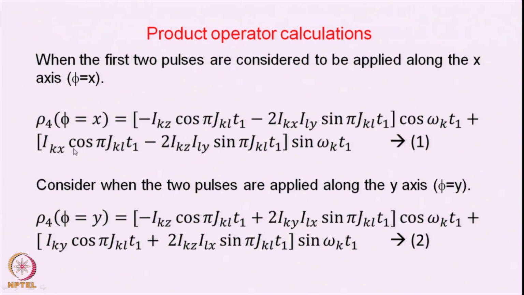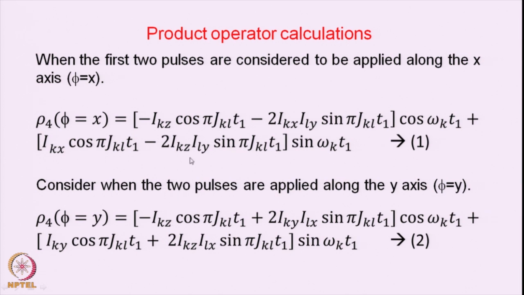And we said this iKx term leads to the diagonal peak, and this 2 iKz iLy is the y magnetization of the L spin, and this leads to the cross peak. This leads to the diagonal peak and this leads to the cross peak, because in the T1 dimension we have the frequency omega_K. So this will evolve with omega_K in T2, therefore this will give you the diagonal peak, and this will evolve with omega_L in T2, therefore this will produce the cross peak.